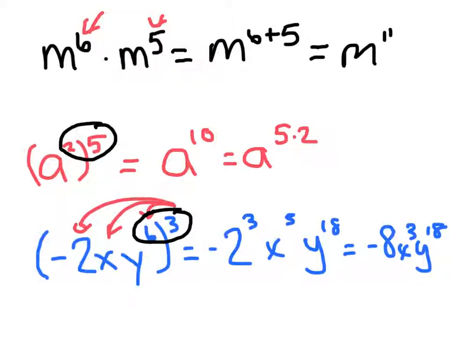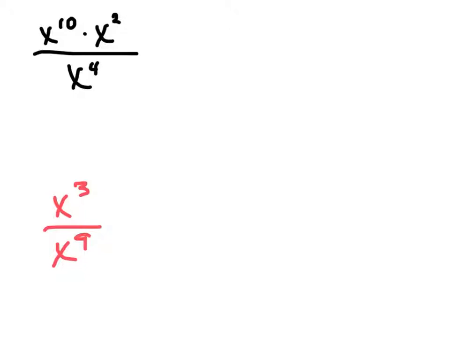A couple more rules. On this slide, the first one that we have is exponents and division. You can see we have x to the 10th times x to the 2nd over x to the 4th. In this case, we're going to observe our rule where if we have two exponents like this, we're going to add them together.